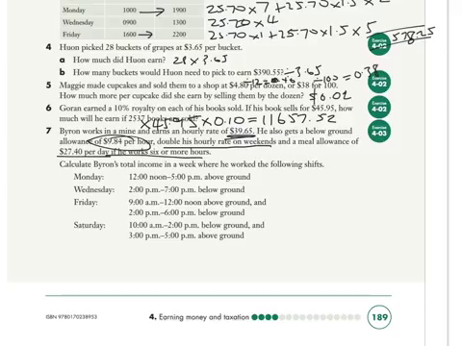So on Monday, it's above ground, so it's 5 hours at $39.65. On Wednesday, it's $39.65. It's below ground, so we're going to add $9.84 allowance, and he does it for 5 hours.